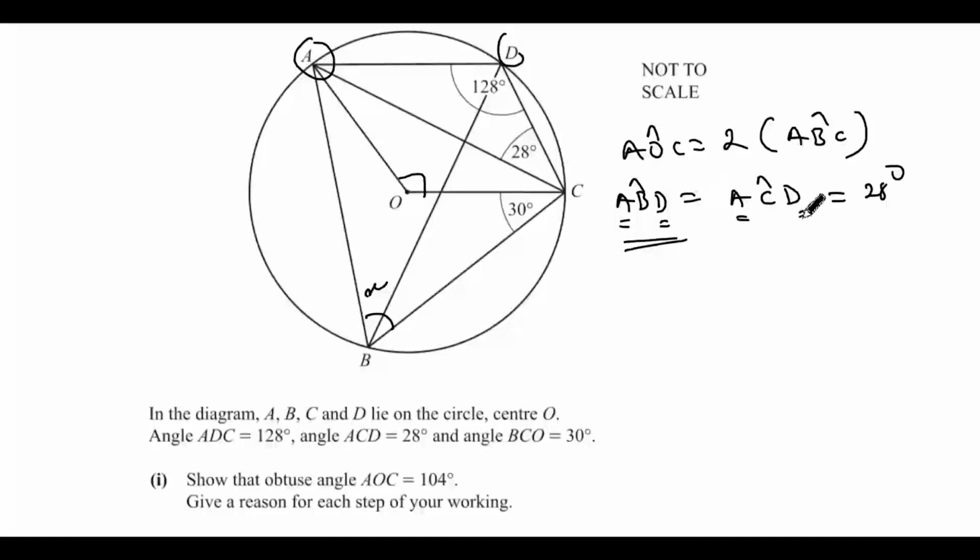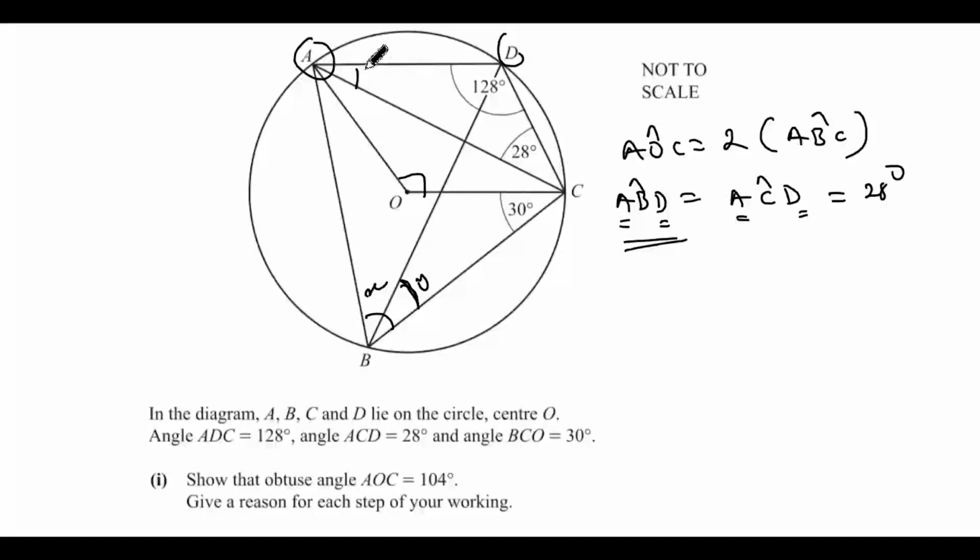ACD is given. Also, if you look at angle DBC, angle D, B, C, this particular angle here, I can call this angle Y. It is also equal to angle DAC.